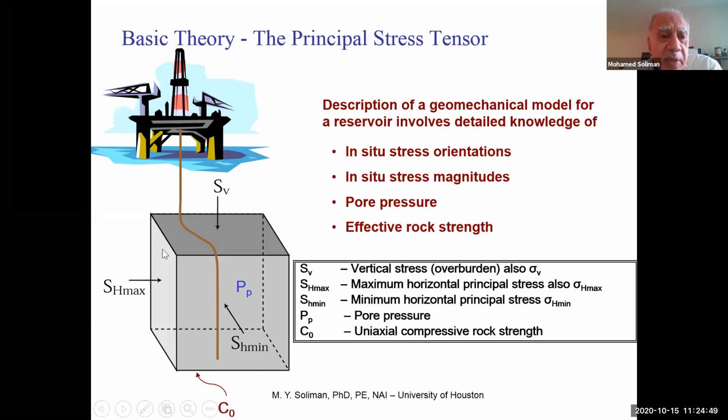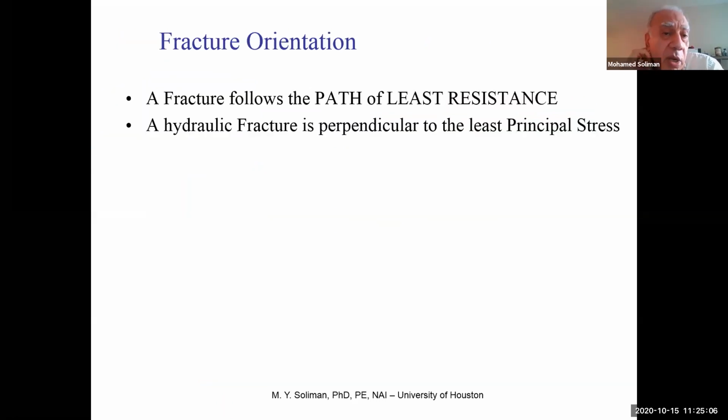If I have three stresses, the fracture will have to become perpendicular to the smallest stress, because that is the path of least resistance. So a hydraulic fracture will be perpendicular to the smallest principal stress, the least principal stress. That is my path of least resistance.